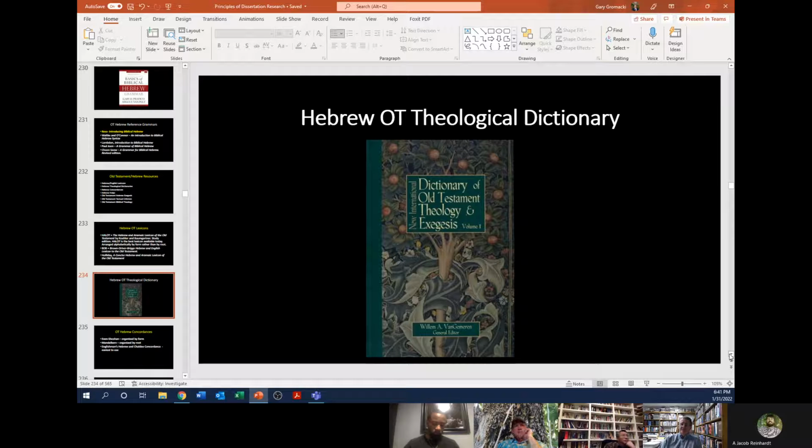Just as Silva is for the New International Dictionary of New Testament Theology and Exegesis, and they've redone that as well, so it follows the Greek words at the top, just as you have the Hebrew words here. So you should be aware of that if you're doing any type of word study for exegesis classes. These are the books that you want to get. So I think it's a total of like 10 volumes, like 5 for each.